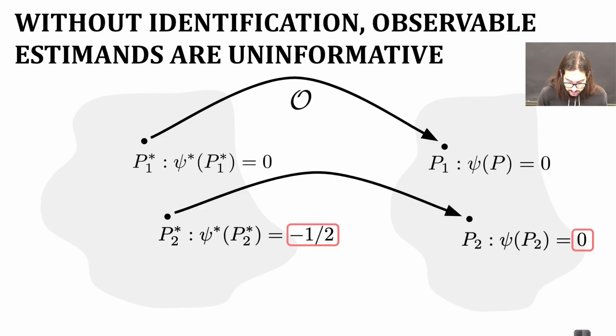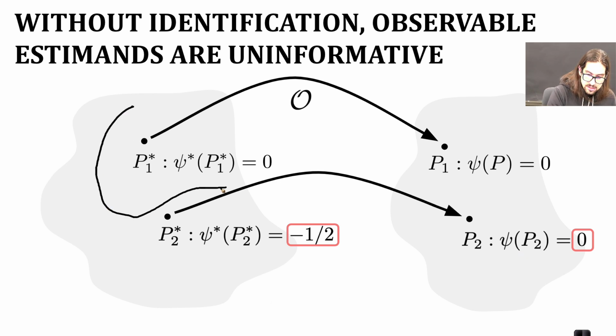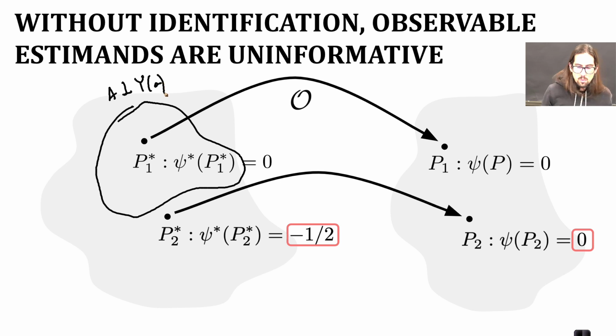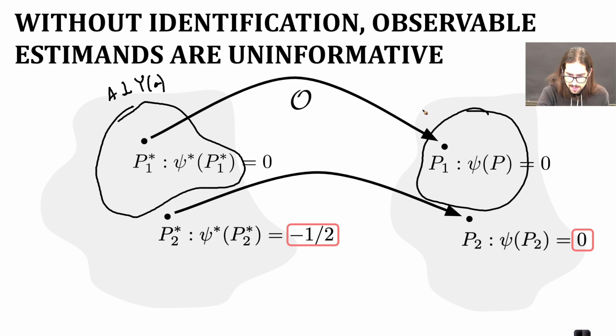So we're just considering, let's say these are the set of distributions where A is independent from both of the potential outcomes, and this is the set of distributions that they map to under this observable transformation.